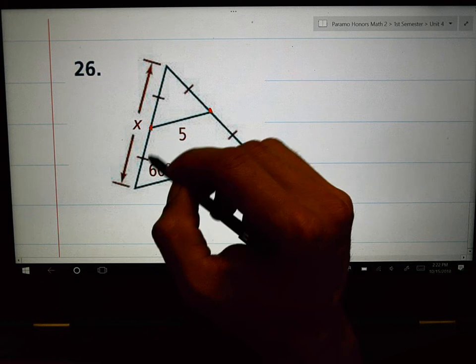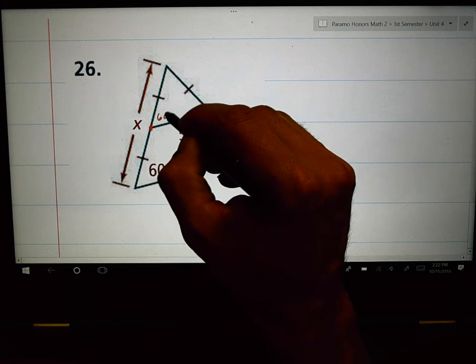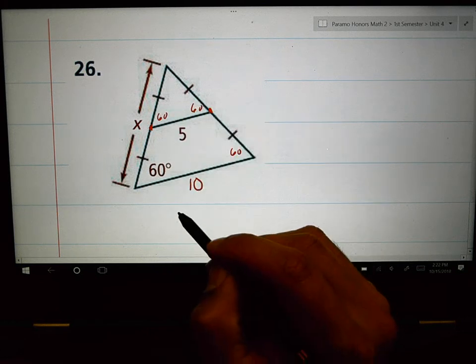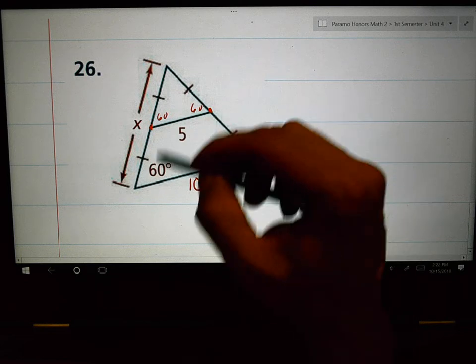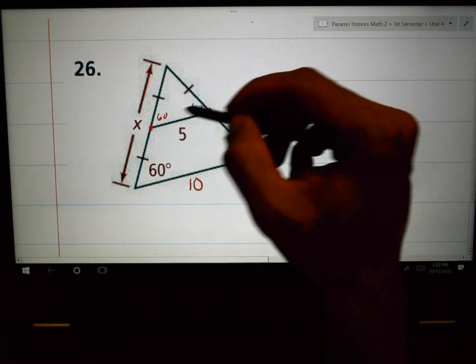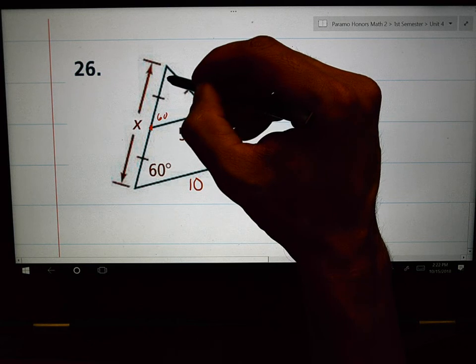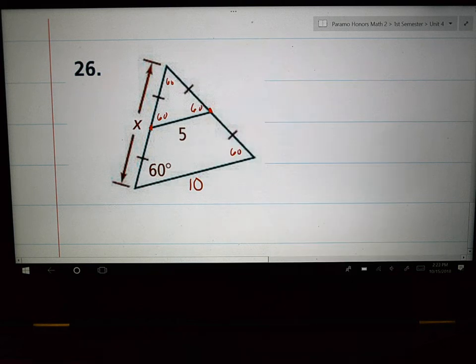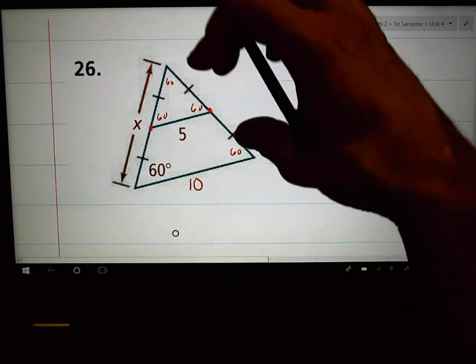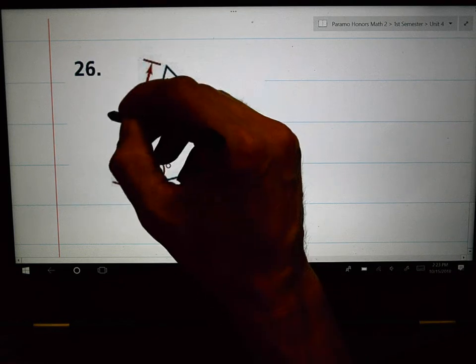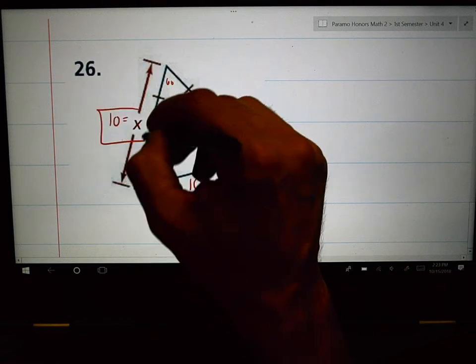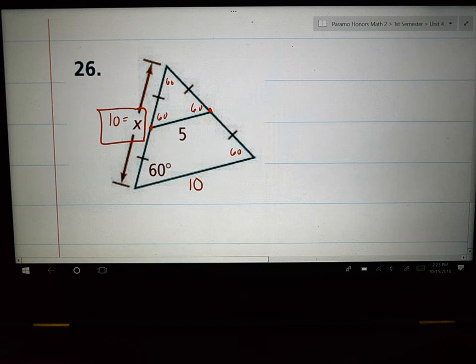You could also say the corresponding angles are 60 and 60. And now that I know that these sides are the same, and that's 60, that's 60, that's 60, I know the top has to be 60 because it is equilateral, which means 10, 10, x has to be equal to 10 as well, just in case you didn't see it.